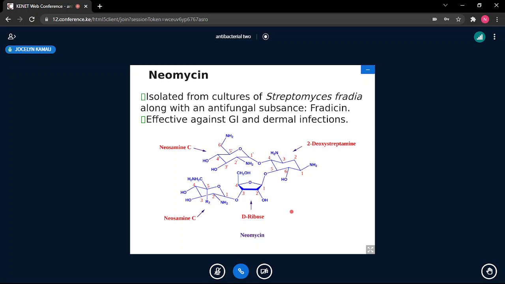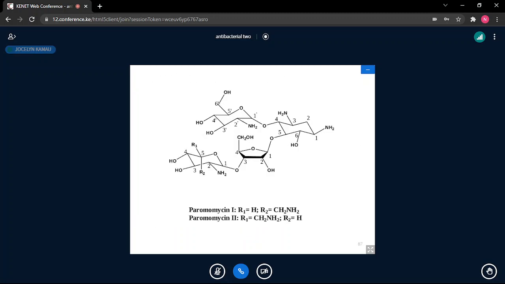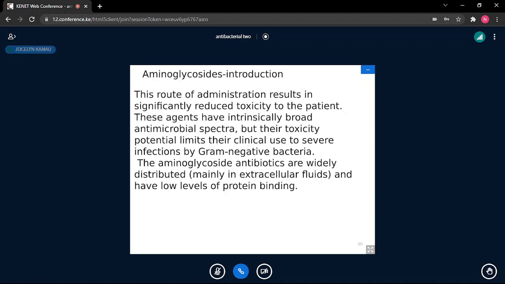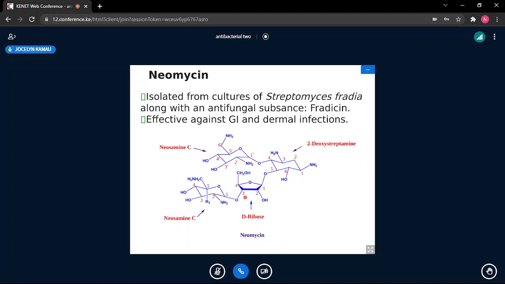So again, neomycin, like paromomycin, has also 4 rings, and it still has a ribose sugar. Again, as we said, the differences will be within these rings. What type of ring is it?